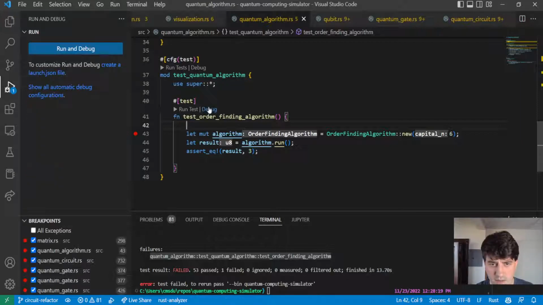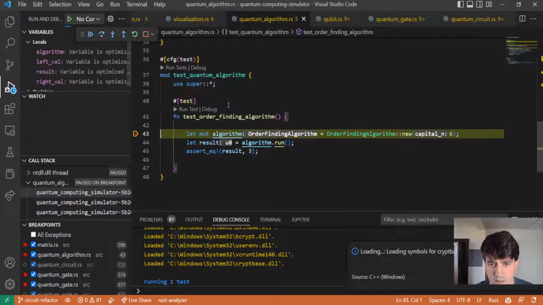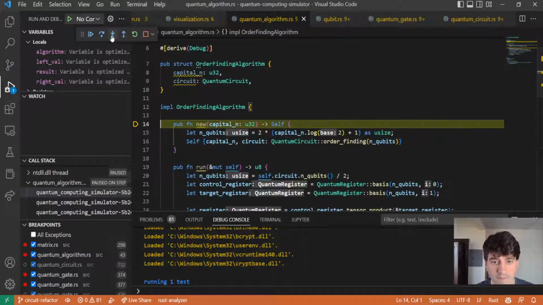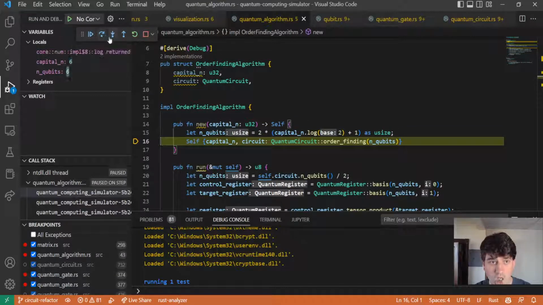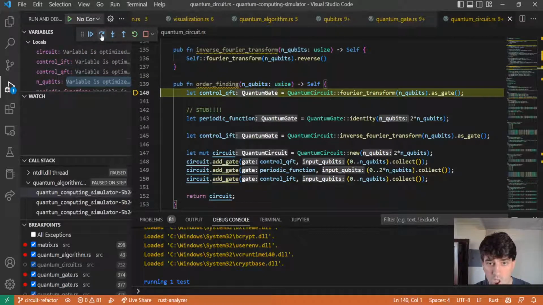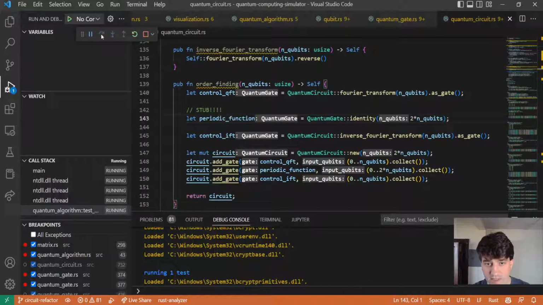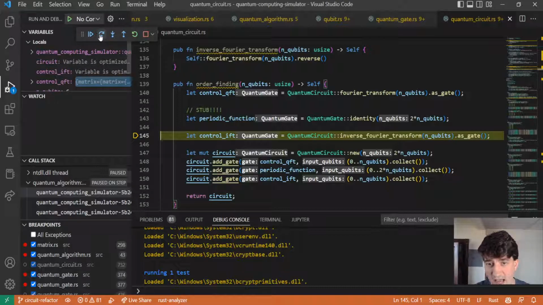So let's see where the slowness is. Instantiating the matrices is pretty fast. Instantiating the identity matrix was not fast. That's interesting. So we can potentially take a look at that.